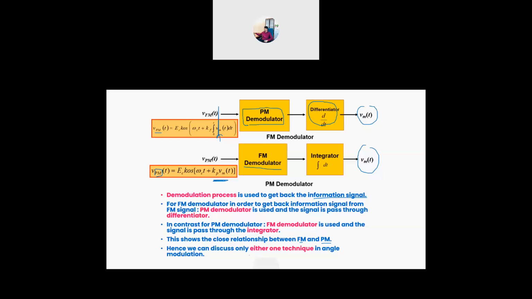In angle modulation, you can have a frequency modulated signal or a phase modulated signal, and by seeing the generation and demodulation, you see that they are relatable. So that's why we only discuss one of the techniques. They are similar.